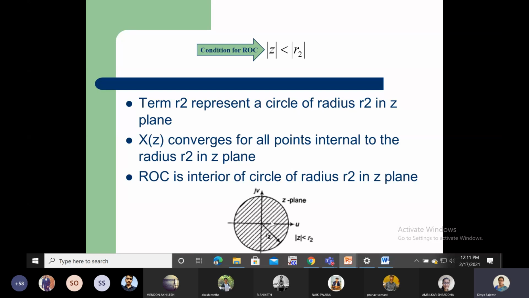That will be the region of convergence. Region of convergence means for any values inside the circle, the z transform of the signal will exist, or will converge. For any values outside the circle, it will not converge, or the z transform of the signal will not exist.